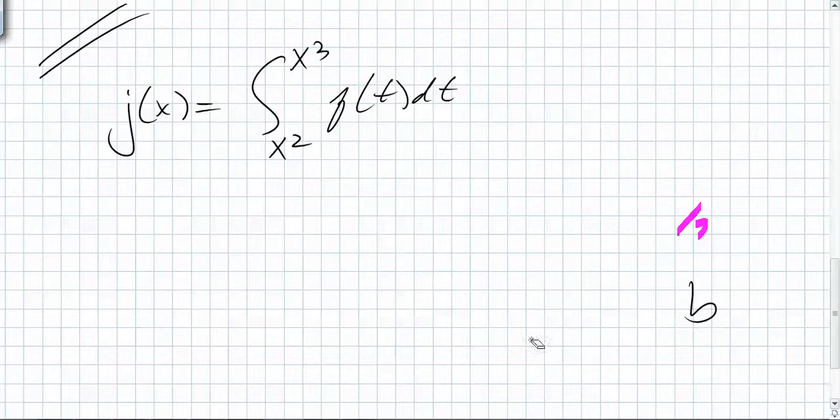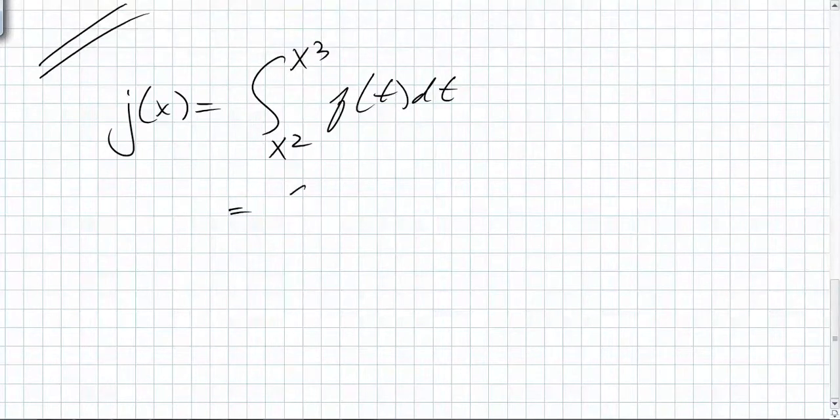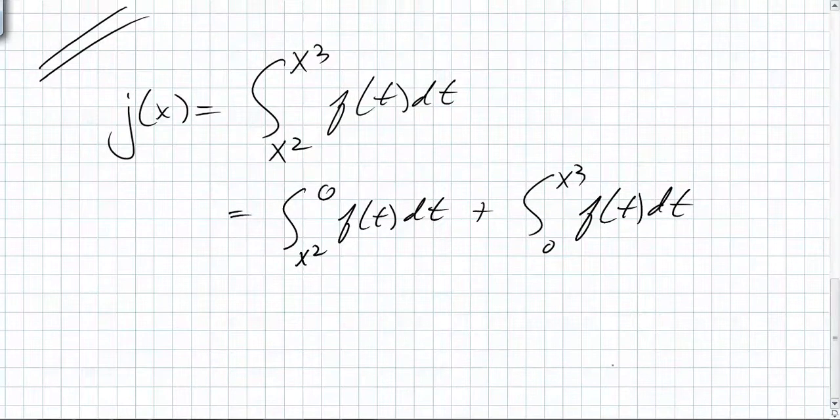It doesn't really matter what you choose on a lot of levels because you never really evaluate. Well, sometimes you do. So what's a good value to choose? 0 or 1. 0 is great. Sometimes 0 poses a problem, but in this case, this is equal to the integral from x squared to 0 of f of t dt plus the integral from 0 to x cubed of f of t dt. We can't quite use the fundamental theorem of calculus yet because we need the constant on the bottom and the variable on the top.